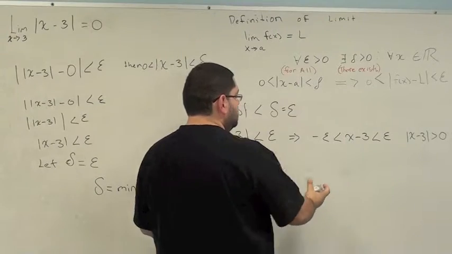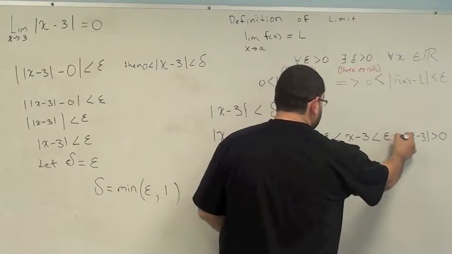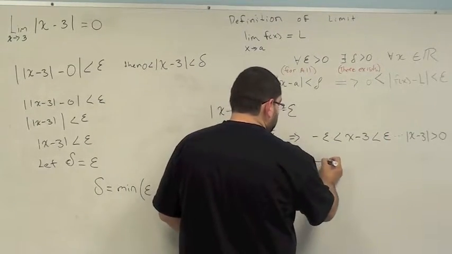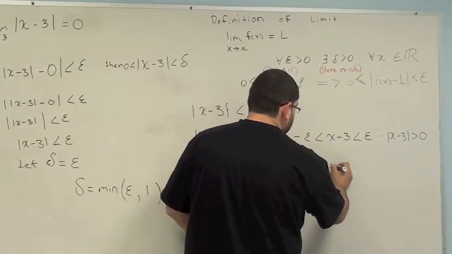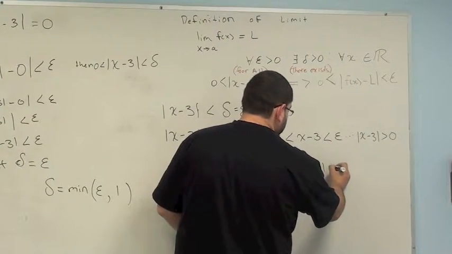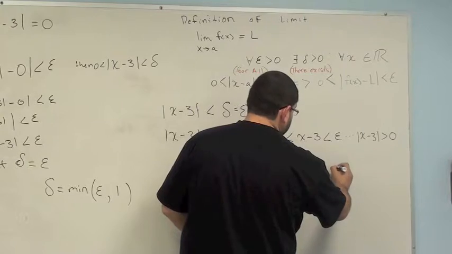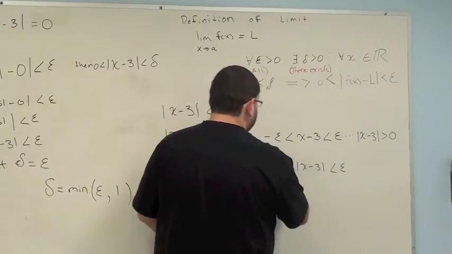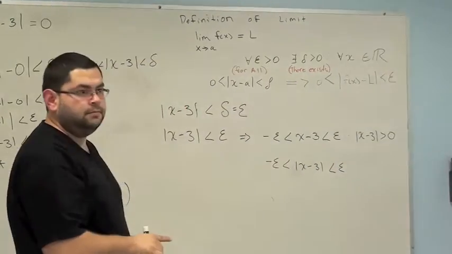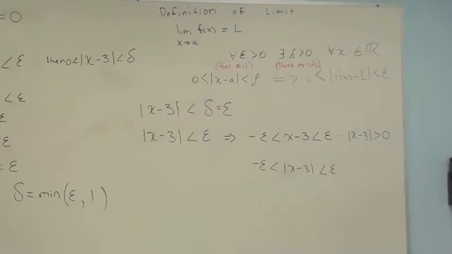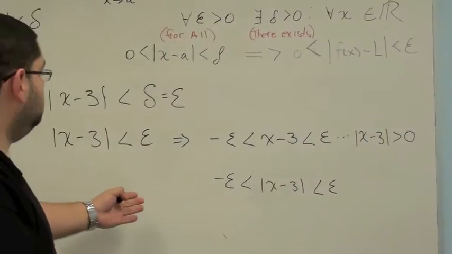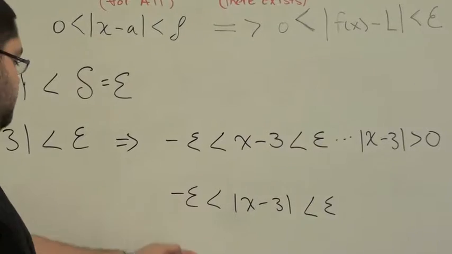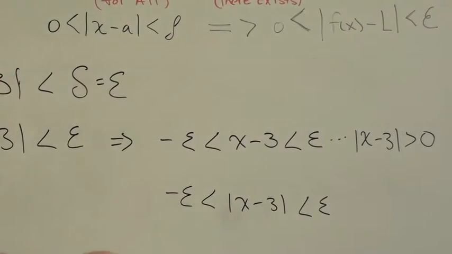So we can say that x minus 3 is between negative epsilon and epsilon, right? You may ask, but I have a negative number here.